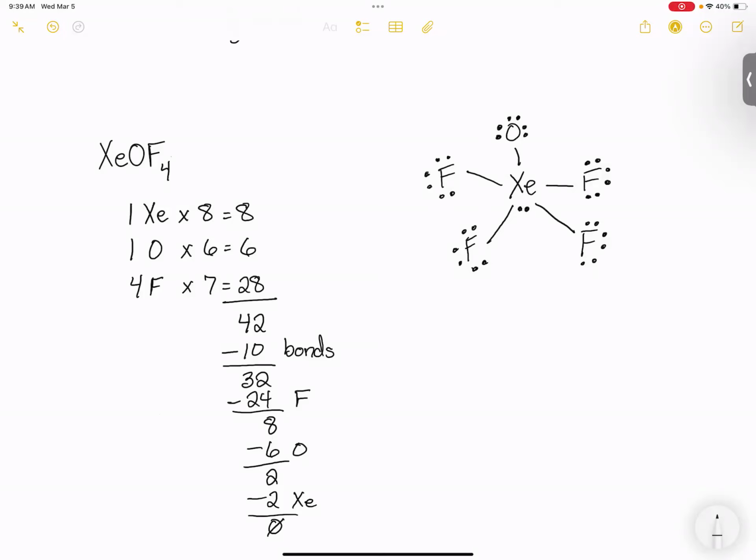Your fluorines have 8 valence electrons, so yes, they have an octet. Your oxygen has 8 valence electrons, so it also has an octet. And your xenon has 2, 4, 6, 8, 10 within the bonds and 2 in the lone pairs for a total of 12 valence electrons. So yes, everybody has an octet.